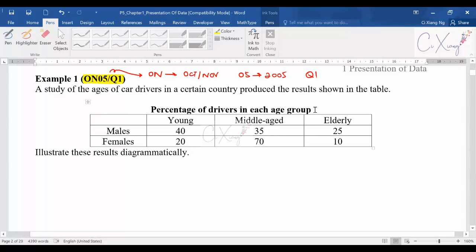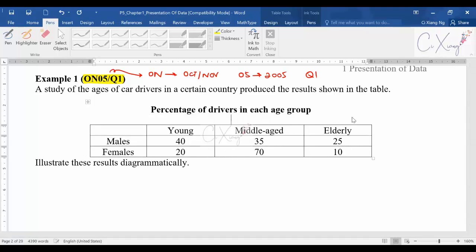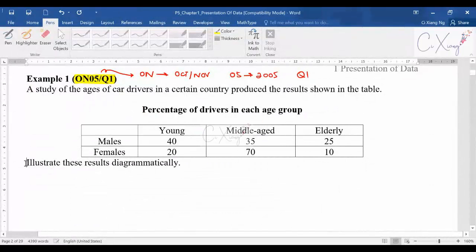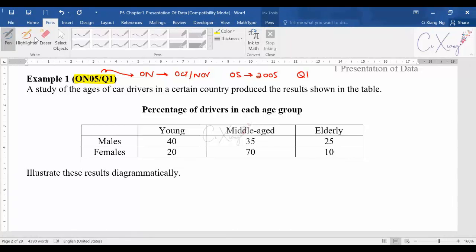Okay, so actually I can tell you that when you look at this table, okay, wait, let me adjust it a bit. When you look at this table, let us have a look at the age group. When they are talking about age group, they give it as young, middle age, and elderly. So can you see the name for this table? Age group is young, middle age, and elderly.